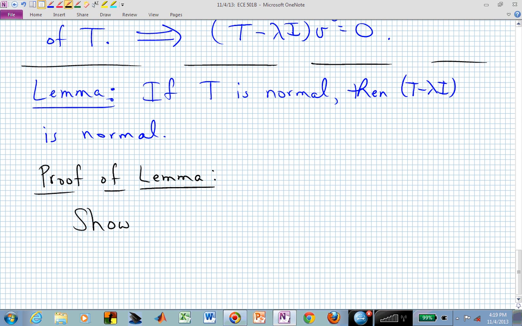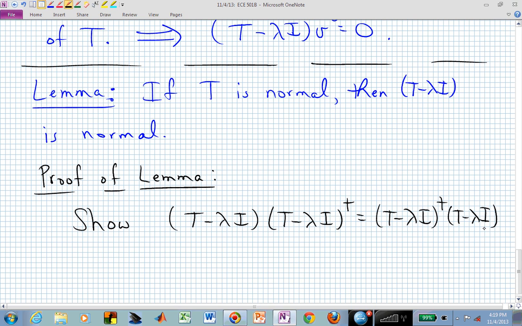If I could show that T minus lambda I times T minus lambda I adjoint was equal to its reversed product, T minus lambda I adjoint times T minus lambda I, then I would show that T minus lambda I is normal.